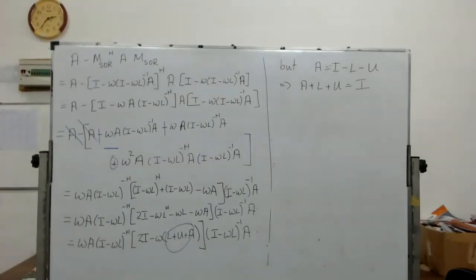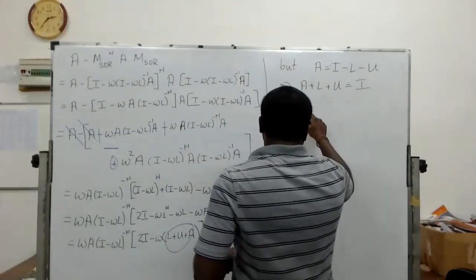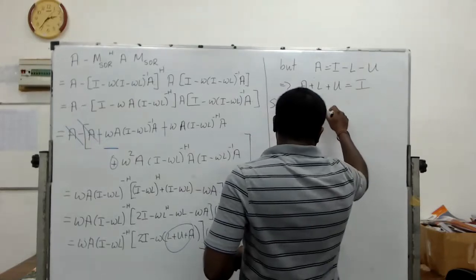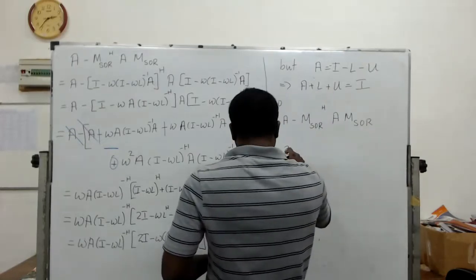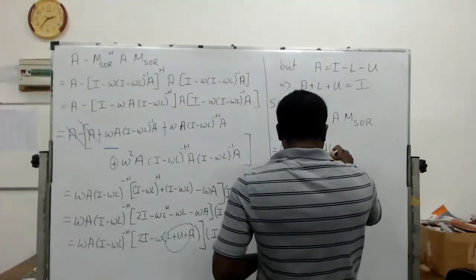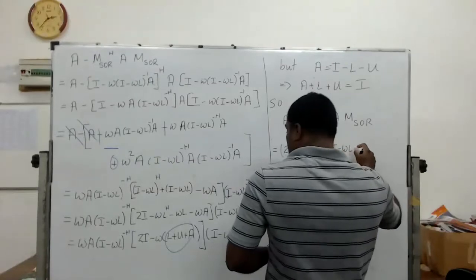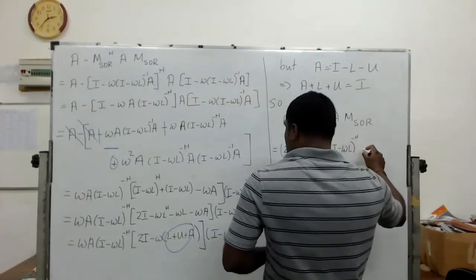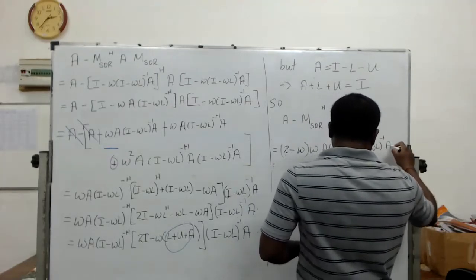So you have 2I minus omega I. So it's basically 2 minus omega times I. So you can put that in front. Right?